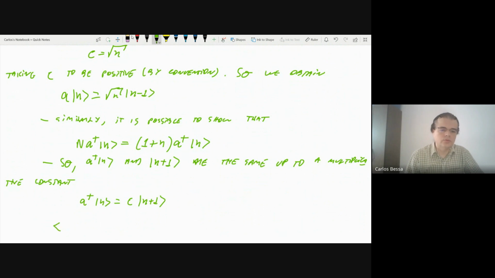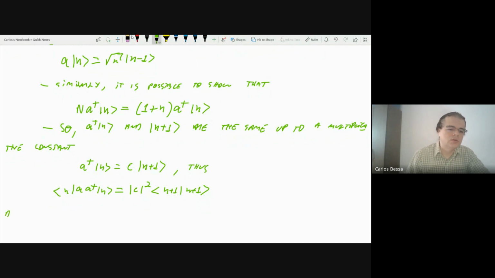So the bra n a a dagger n will be c squared n plus 1 n plus 1, which is 1.